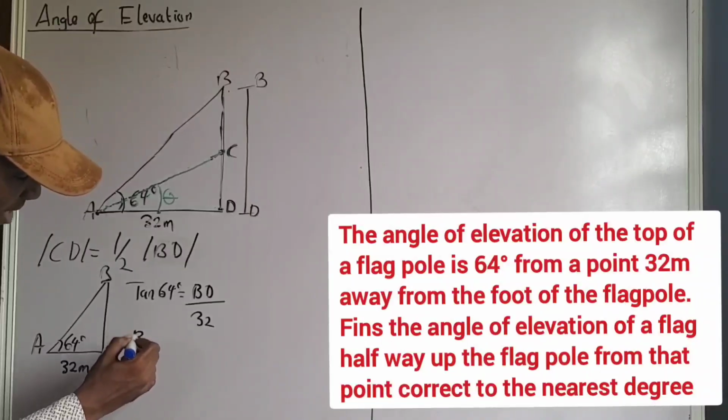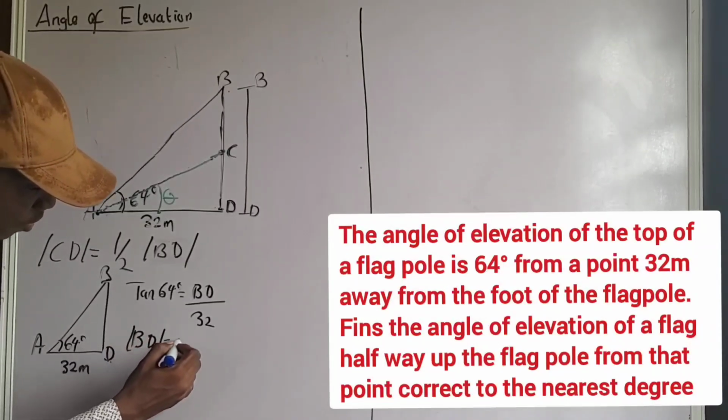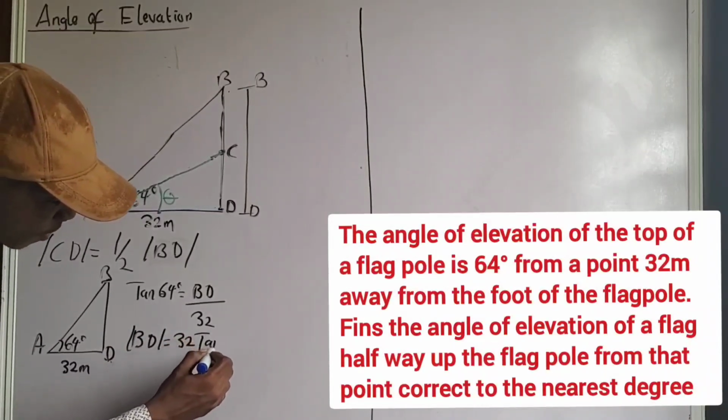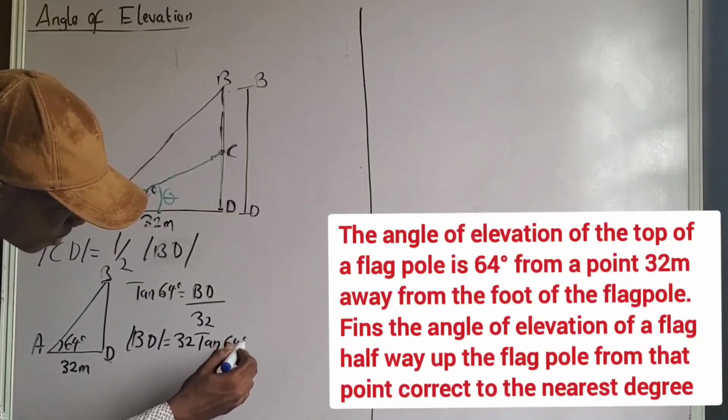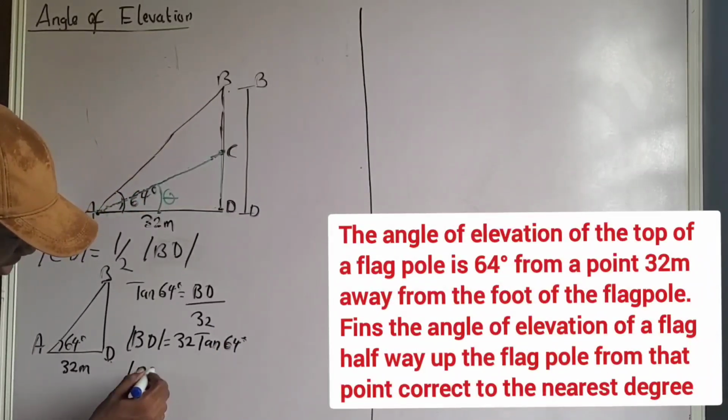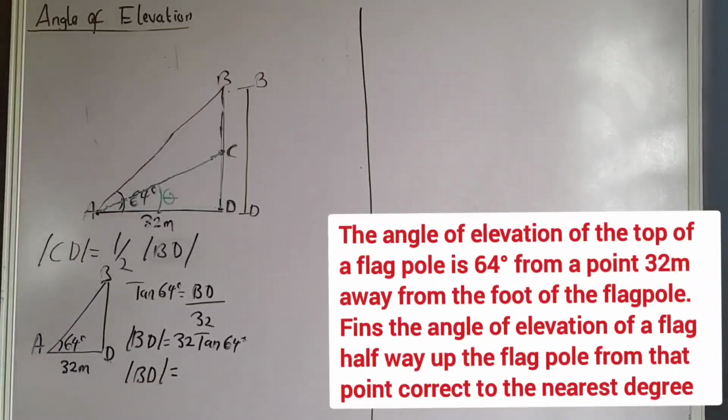Okay? So line BD equals 32 multiplied by tan 64 degrees. That is 65.6097.